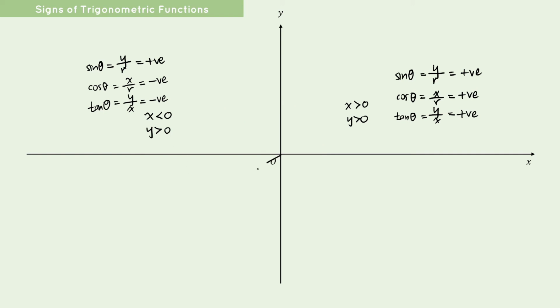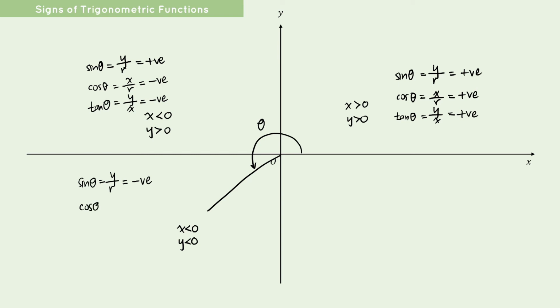If we consider the third quadrant, x is less than 0 and y is less than 0, so both are negative. Sine theta, which is y over r: we're taking a negative number divided by a positive number, so it's negative.